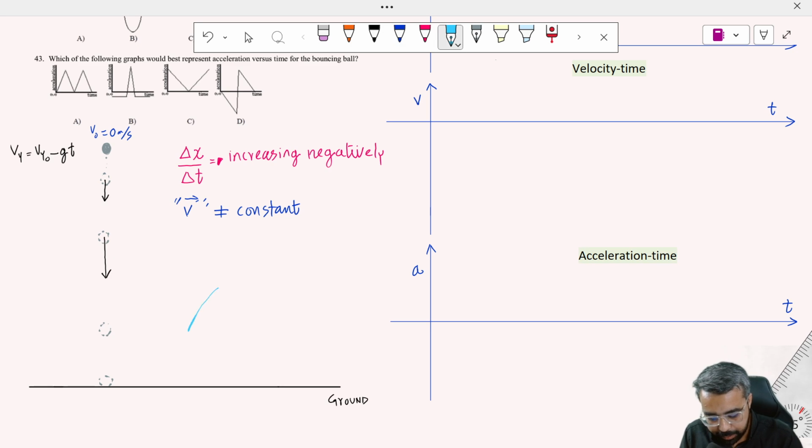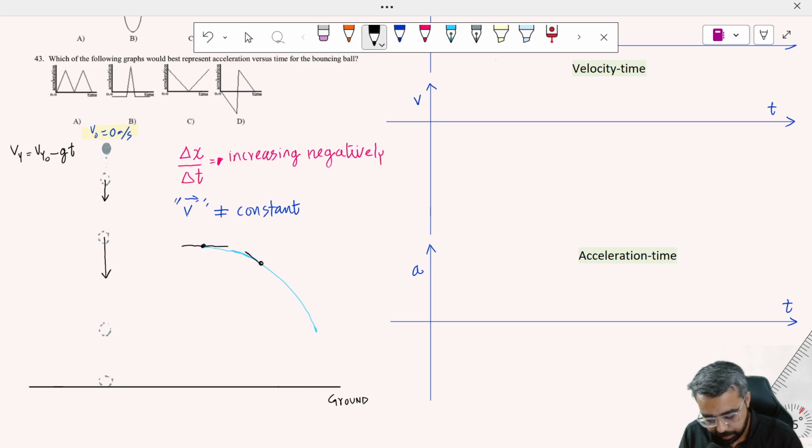Now, should it be curved like this, or like this, or like this? It depends. You should know that the velocity at the start is 0 and how it is increasing, which exactly matches the scenario.